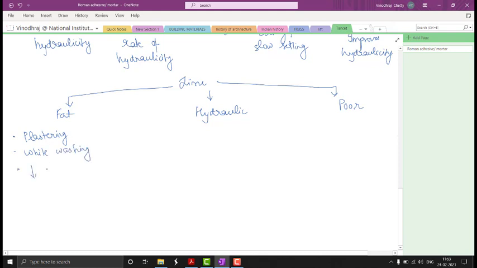It has very low strength and is not used for underwater construction.